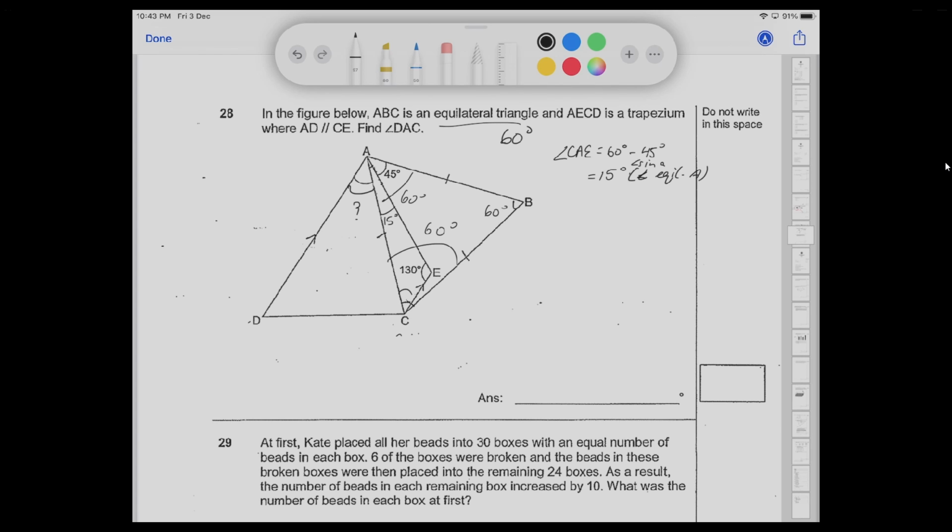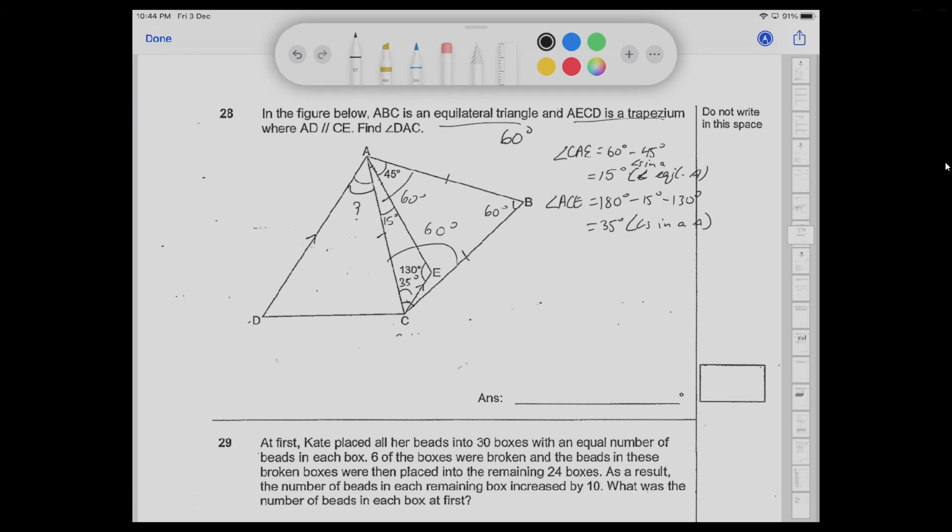From here, we can immediately figure out this angle. What is angle ACE? ACE is 180 minus 15 minus 130, which is 35 degrees. Angles in a triangle, or angle sum of a triangle.